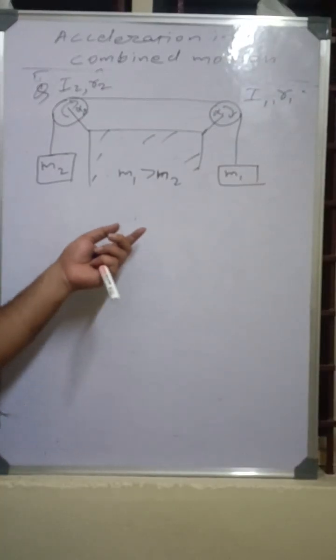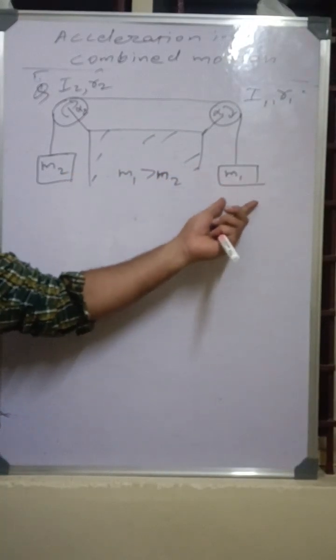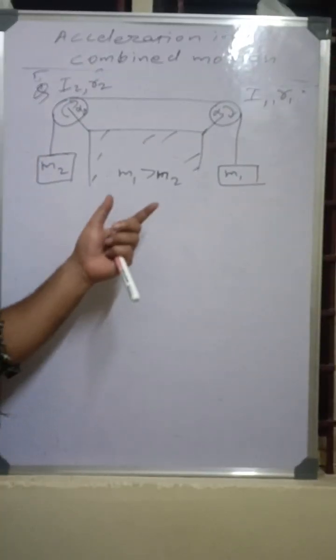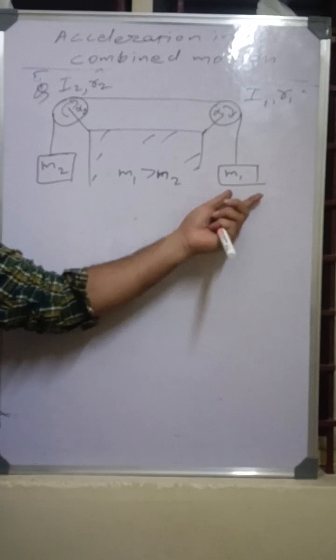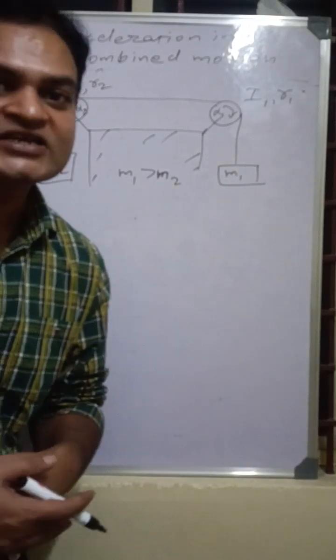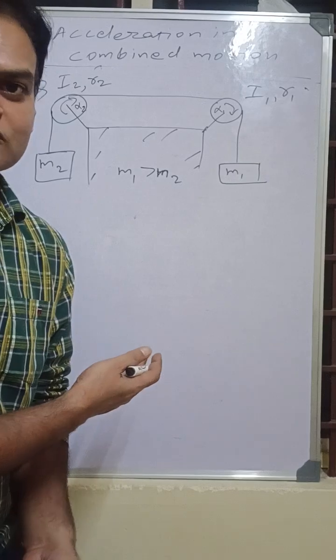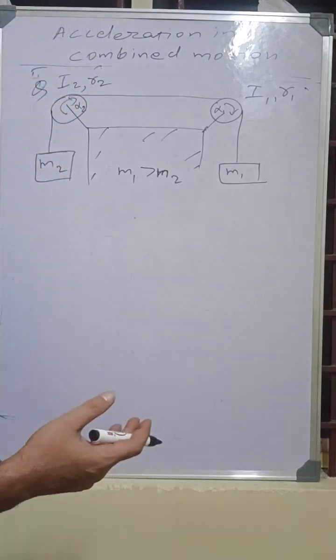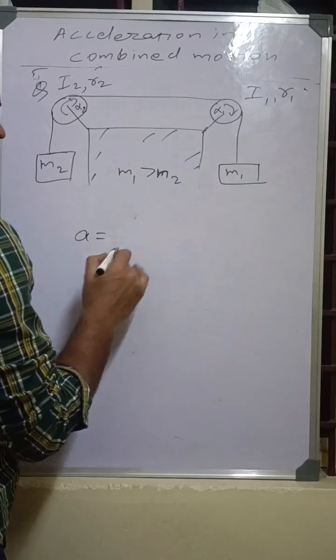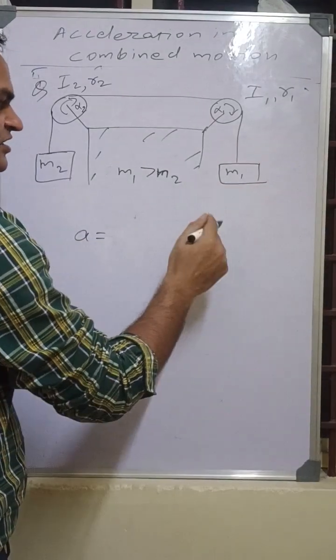So we can say that this mass will go in the downward direction, this mass will go in the upward direction, with the general observation that M1 is heavier and M2 is lighter. So by using the previous result, we can easily write the acceleration value. What will be the net unbalanced force?